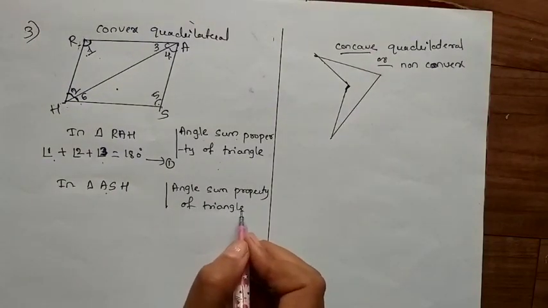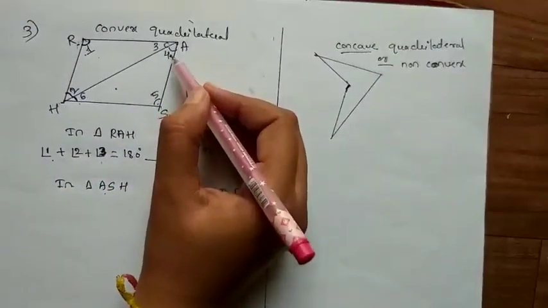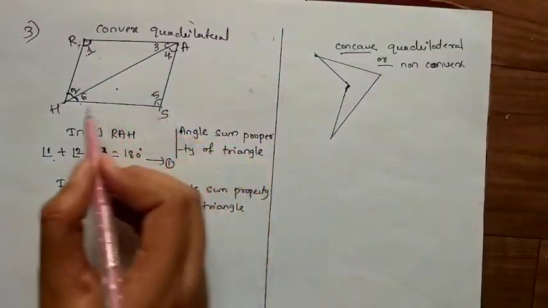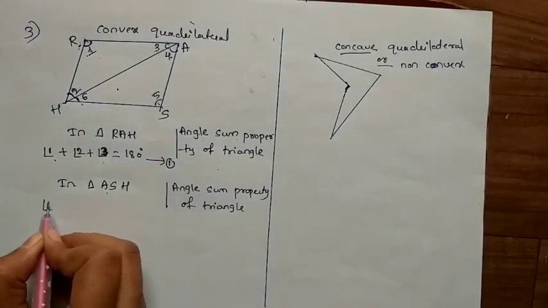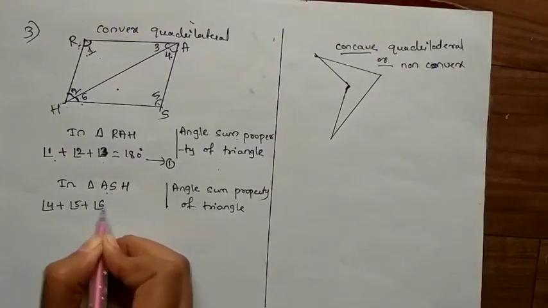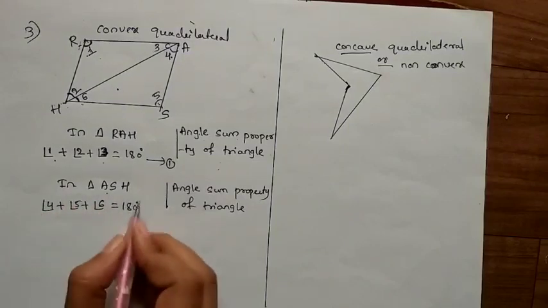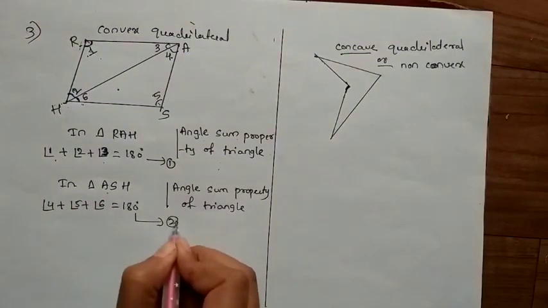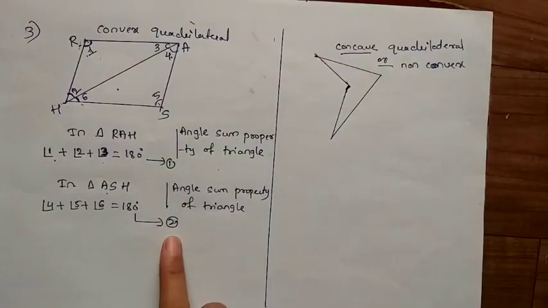Angle 4 plus angle 5 plus angle 6 is equal to how much here? 180 degrees. Take this as equation 2. This is equation 1 and this is equation 2.